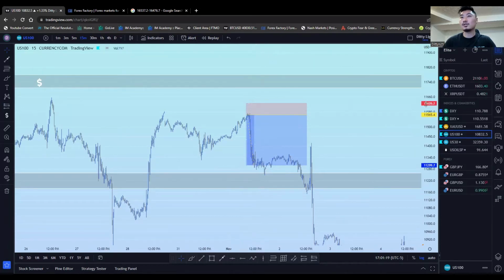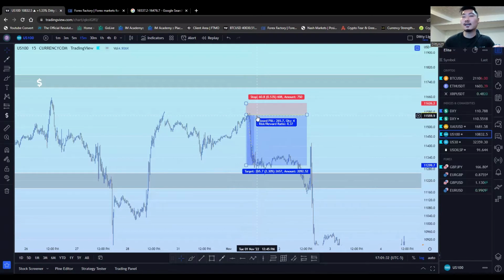It's simple, it's just the dollars of movement, right? You take the stop loss price minus the entry price, and it will give you $60.8 of movement that, for example, you're risking in that setup. Hope you follow me.